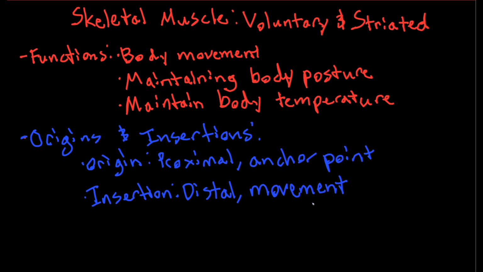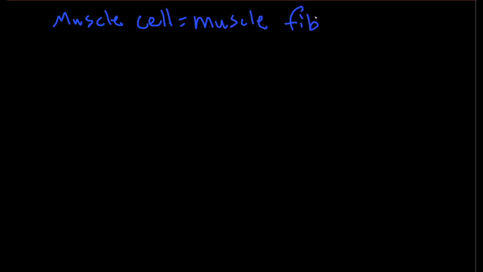So now let's go into what exactly a muscle cell looks like. So let me clear this. An important concept I want to talk about before we move on to a diagram of a muscle cell is that a muscle cell is sometimes interchangeably referred to as a muscle fiber. So those are two of the same things, just in case you get confused, because normally when I think fiber, I don't think about a cell.